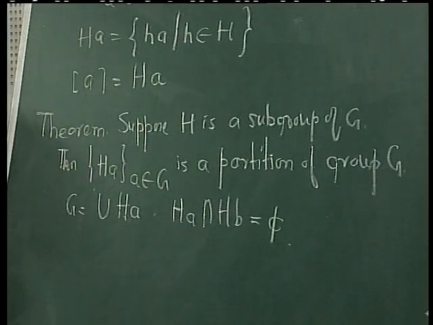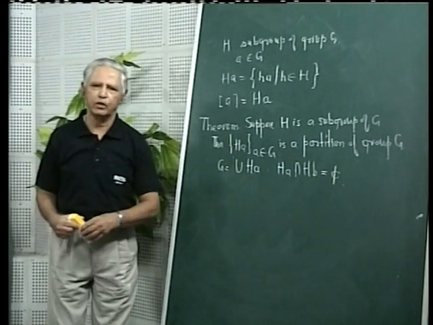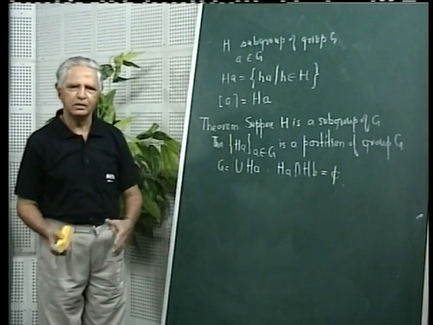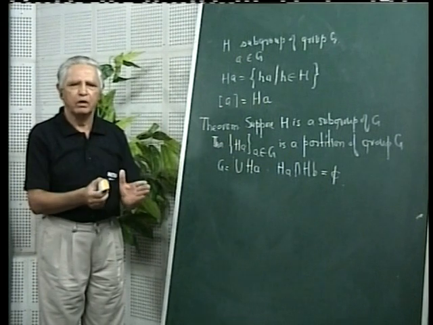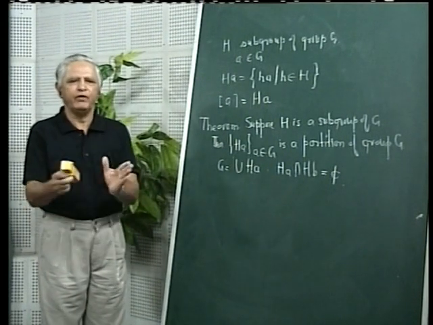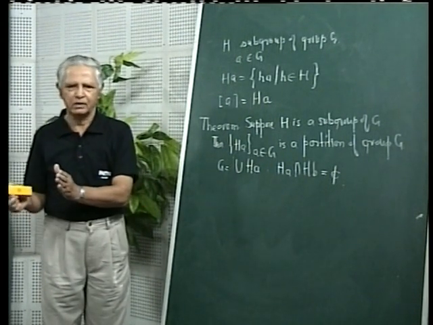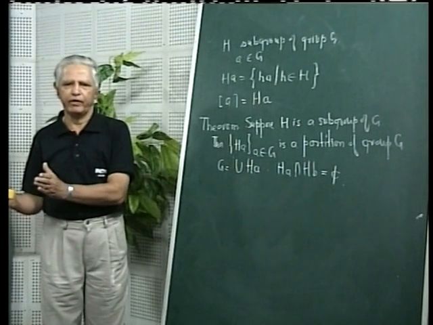Before we prove Lagrange's theorem, we classify groups. A group is called a finite group if it has a finite number of elements. Otherwise, it is called an infinite group.